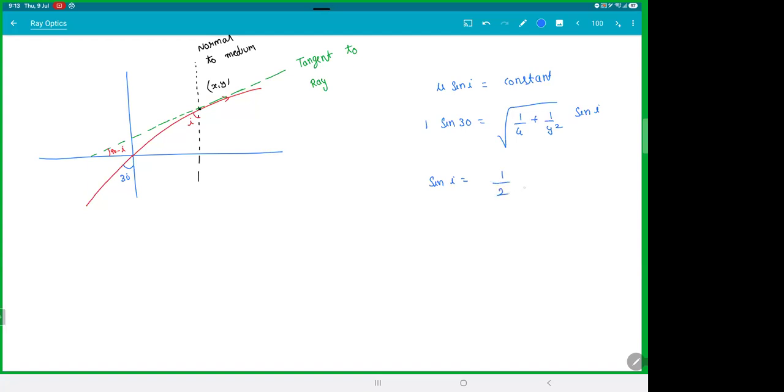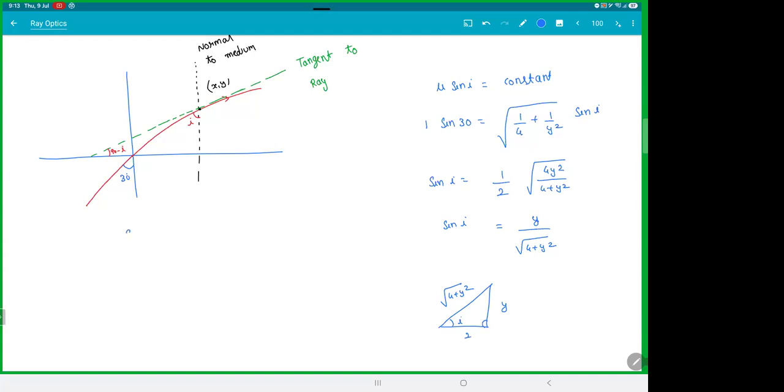This will be half into root over 4y square by 4 plus y square. That comes out to be y by root over 4 plus y square. This is your sine I. This would be y, and this is 4 plus y square, and this is your 2.